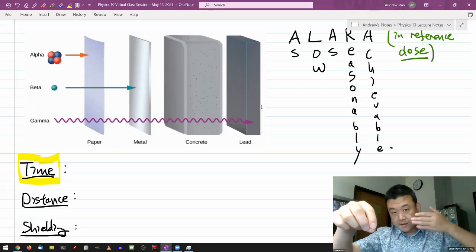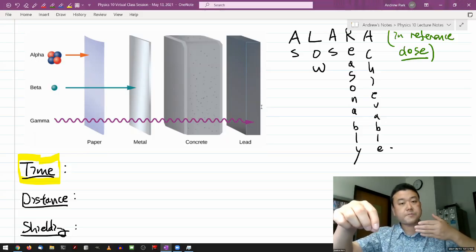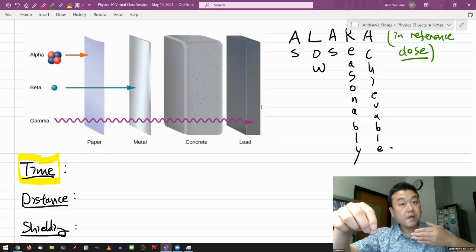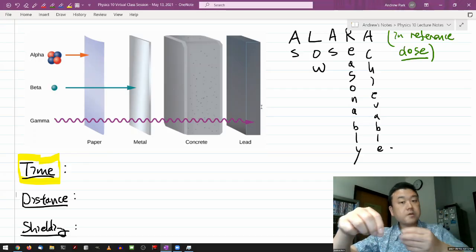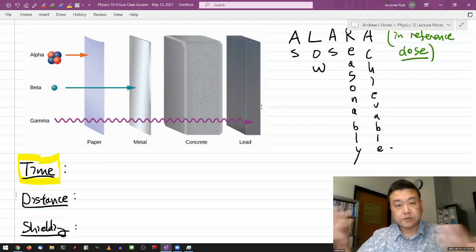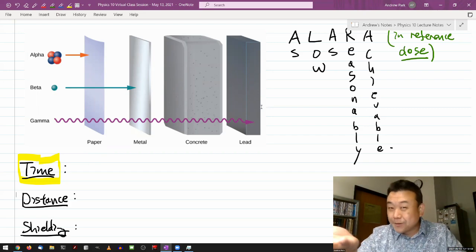Now, I'm not at my desk all the time. My desk is where I spend most of my time, but there will be times when I work with the radioactive source. So I would be within a few centimeters of the radioactive source, and that time would get treated differently. It would depend on the project.